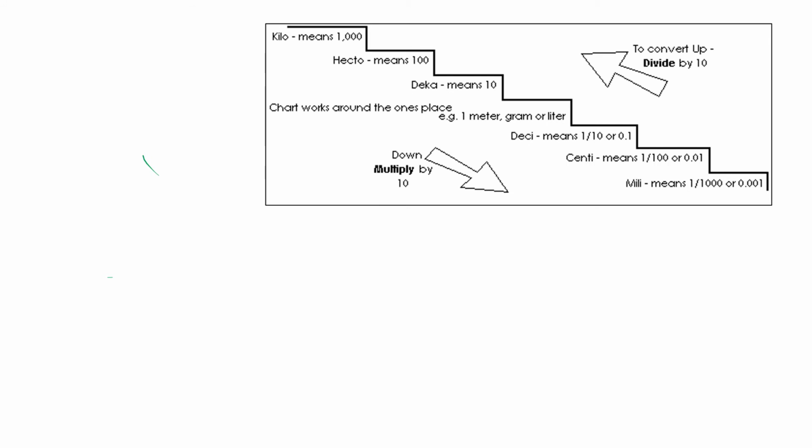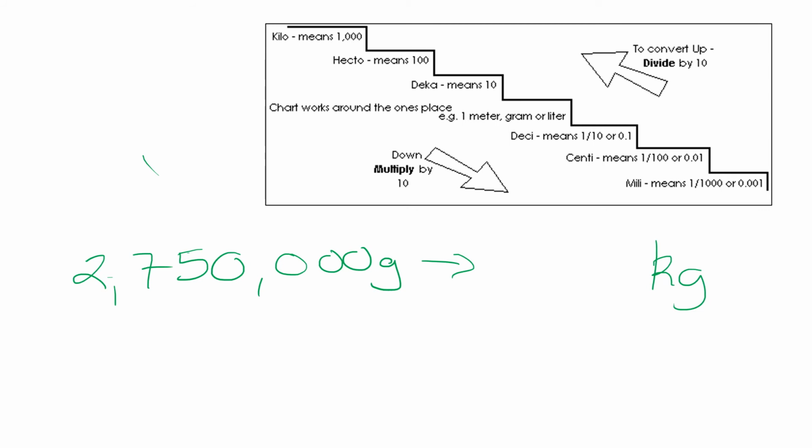You ordered a bunch of amoxicillin, and the chart that you place your order on says that you have 2,750,000 grams of amoxicillin. You are taking it with you to Beirut. But in order to put that down for the flight register so they know what you're importing to the country, you have to write down how many kilograms of medication you are bringing with you to Lebanon. So, how many kilograms is 2,750,000 grams?